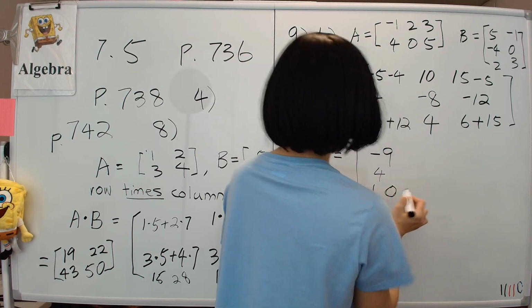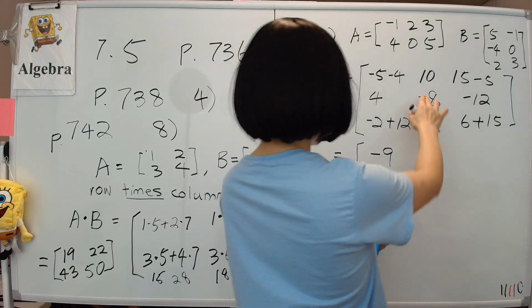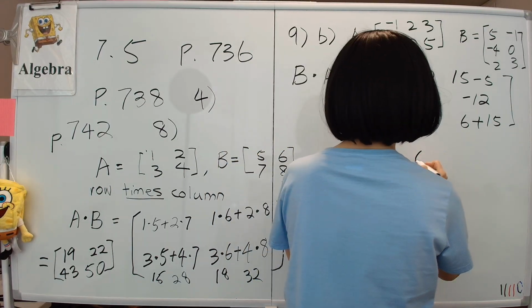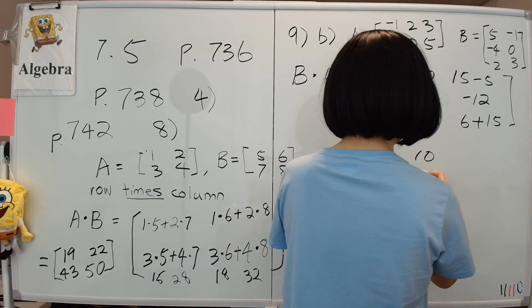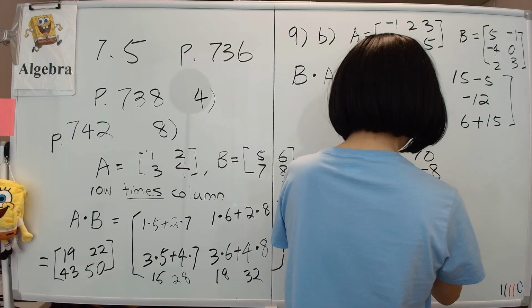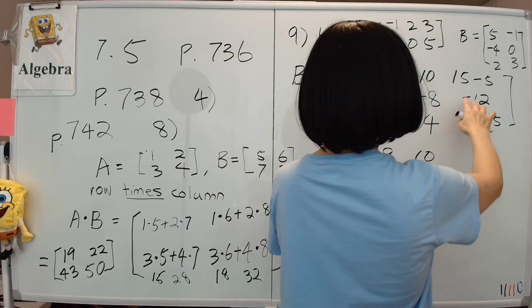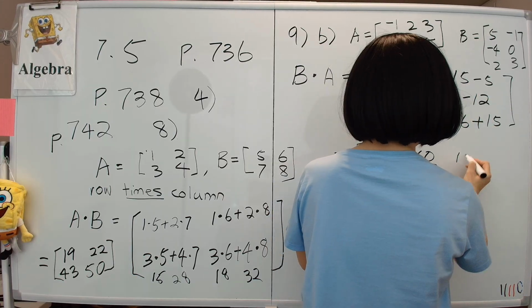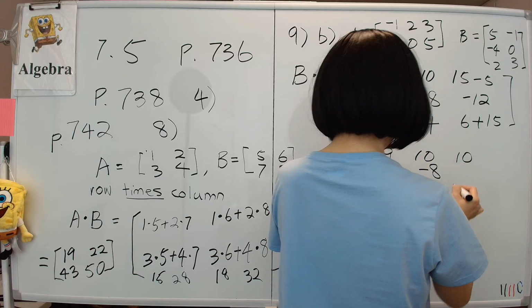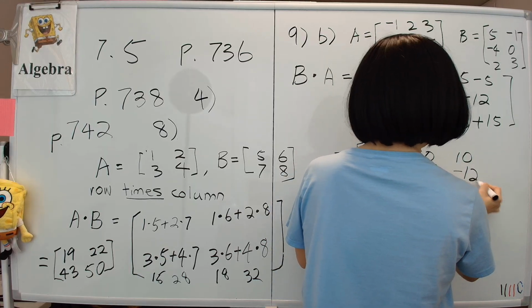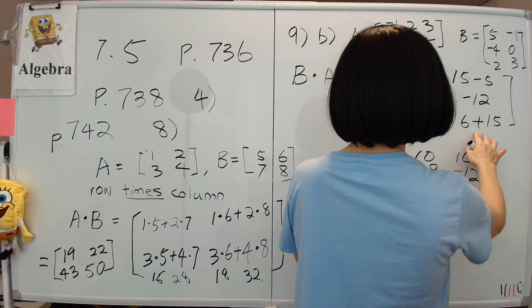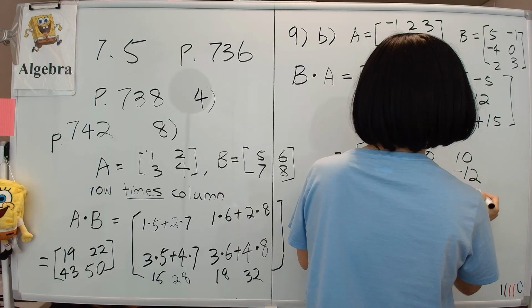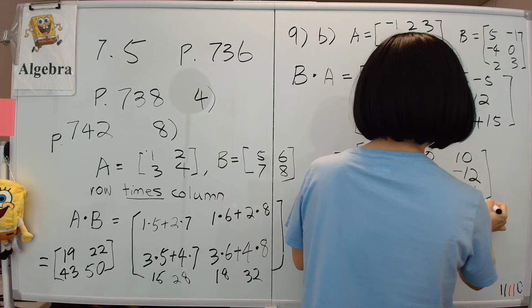Next, that's 10. That's correct. Minus 8. Okay, and then 4. All right, and finally, that's also 10. And then minus 12. And then finally, 6 plus 15 is 21.